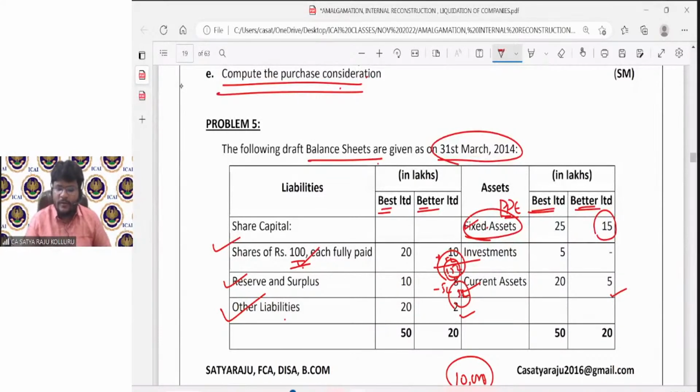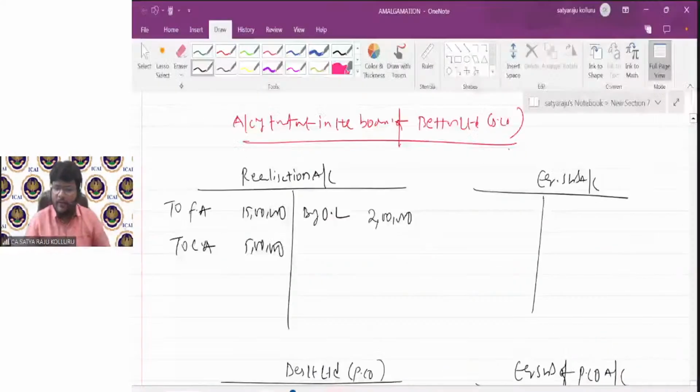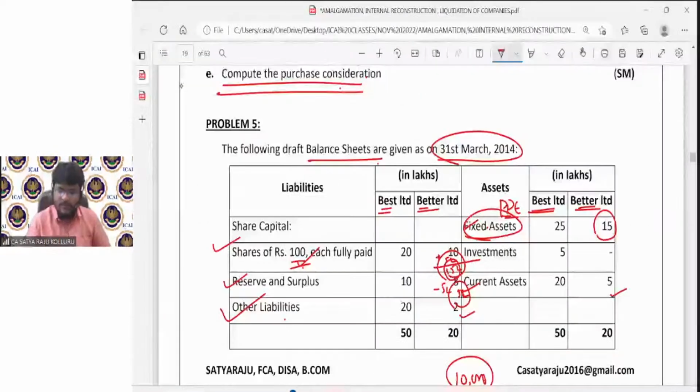Next, shareholders' funds, that is equity shareholders' funds: reserves and surplus and equity share capital. By reserves and surplus, how much? Sorry, you need to check for Better Limited. After the issue of bonus shares, reserves and surplus became how much? 8 minus 5 lakhs means it became 3 lakhs.